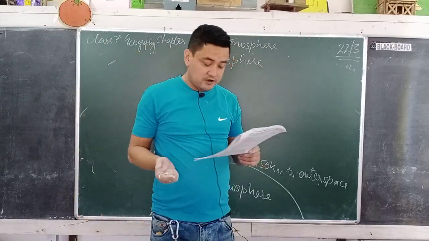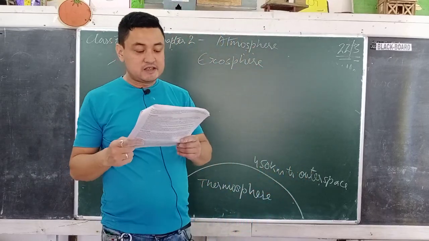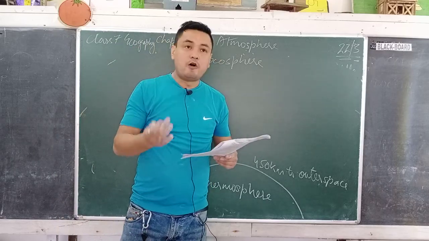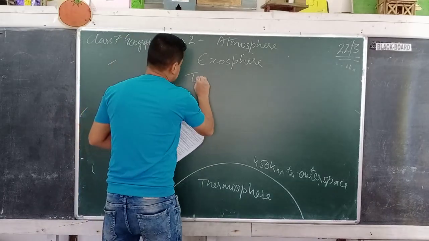As discussed earlier, exosphere is the uppermost layer of the atmosphere. So this is the fifth layer, which forms the outermost boundary of our atmosphere. In simple words, it is called the topmost layer.